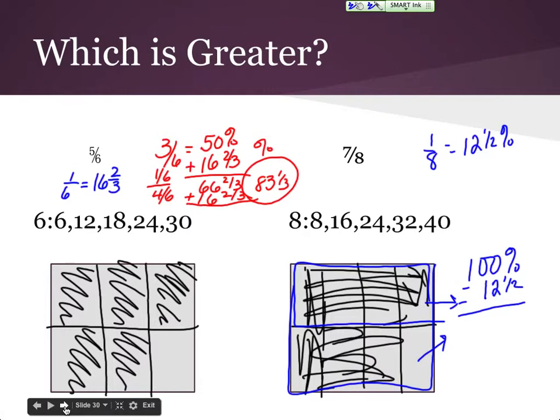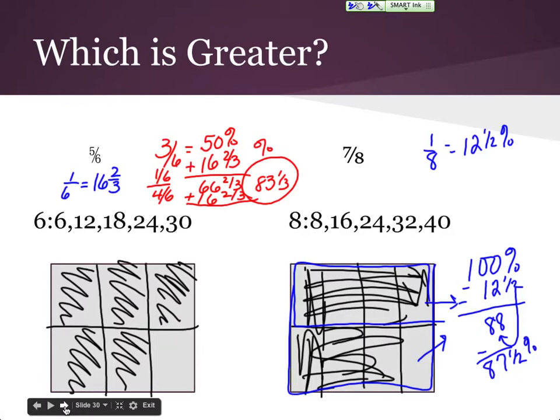What's 100 minus 12? Caitlin? 88. And then if I take a half from 88, what am I left with? 87.5%.